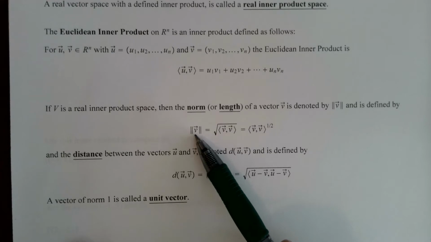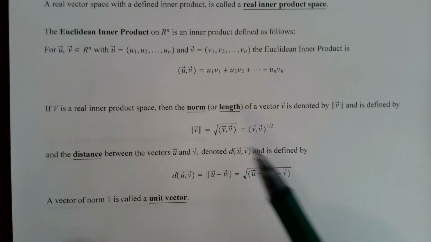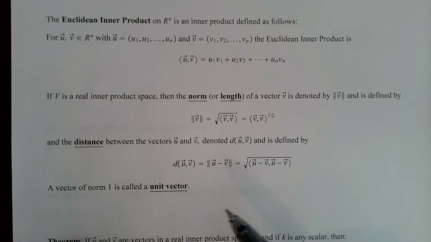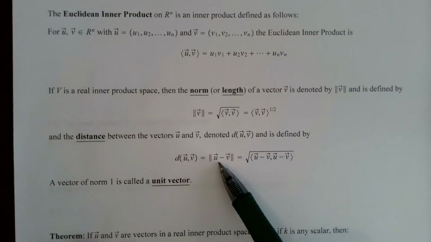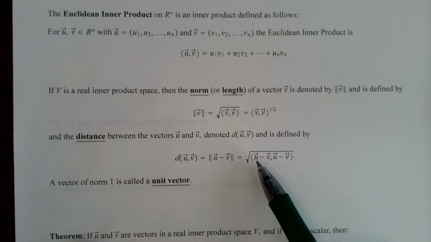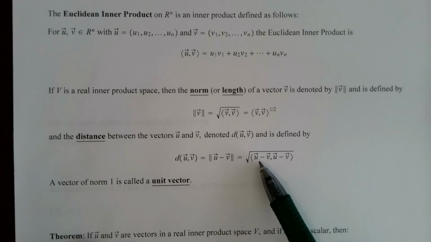So notice the norm, or length, of a vector depends on what inner product is defined for the vector space. If you change the inner product, the norm is going to change. The distance between vectors u and v, denoted this way, is the norm of u minus v. Or, by the way, the norm of v minus u. It doesn't matter the way you subtract here, but the norm of u minus v, going back up to this definition, is going to be the square root of the inner product of u minus v with itself.